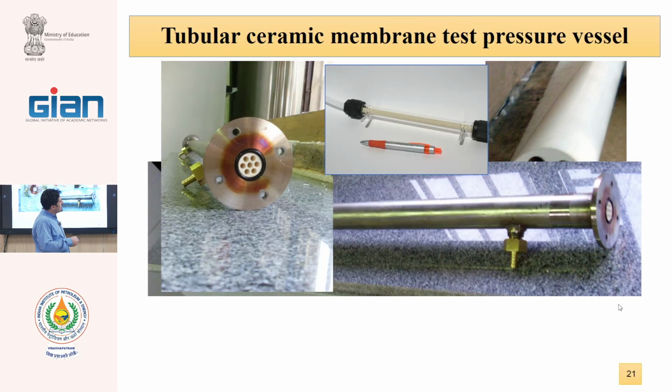The feed comes here and exits as a concentrate, and the permeate can go here, or reverse. Feed can come here from the concentrate, and we collect the permeate in this case. That means the feed can be outside of the membrane or inside of the membrane based on the active layer of the tubular membrane.